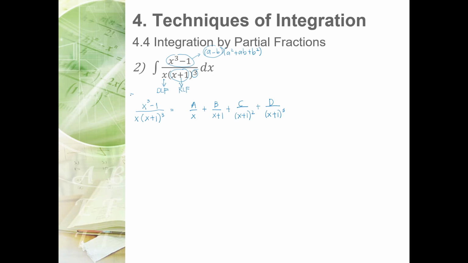And then we multiply with the denominator on the left side to eliminate the fractions: x times x plus 1 cubed.